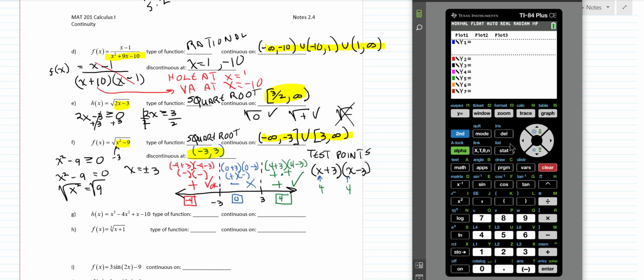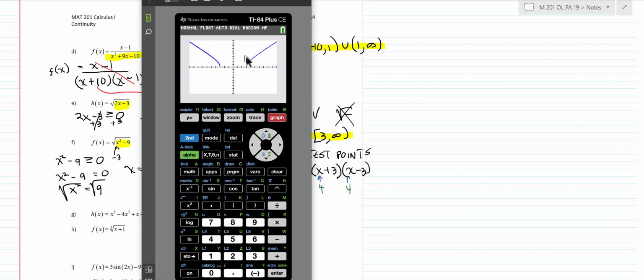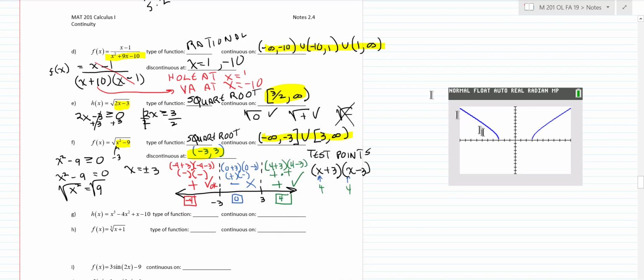It's always a good idea, when you're doing your homework, to try to be as independent of your calculator as possible, but use your calculator as a checking tool and a learning tool because it's really an outstanding tool for this kind of stuff. So you put in square root of x squared minus 9. Just do a standard graph, and you'll see this now. And this really shows what that sign chart showed.